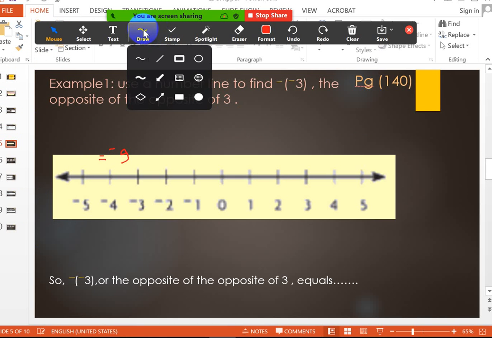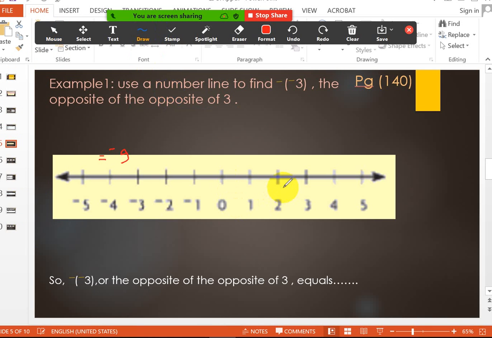What is the opposite of the opposite? That means I will do the opposite twice. Look, this is 3. What is the opposite of 3? Yesterday I told you, the same number with the opposite sign. So the opposite of 3 will be -3. But I have to do it twice. The first opposite is -3.